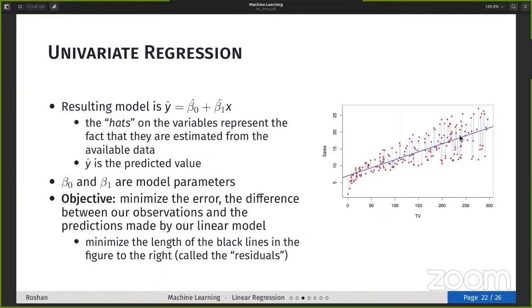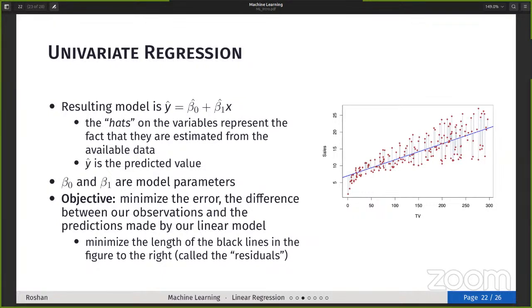For points not on the line, the distance from the point to the line should be as close to minimal as possible. That should be our objective. Why is this the key objective? If a new data point comes into the picture and falls on this line, the predicted value might be a very good fit, a very good prediction.